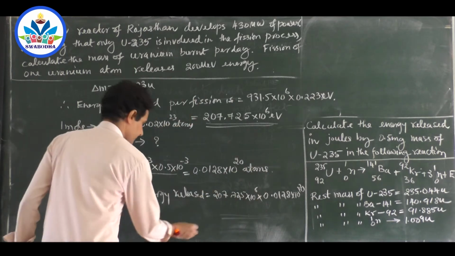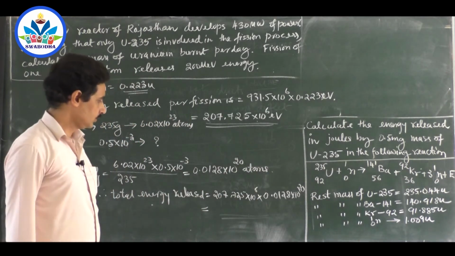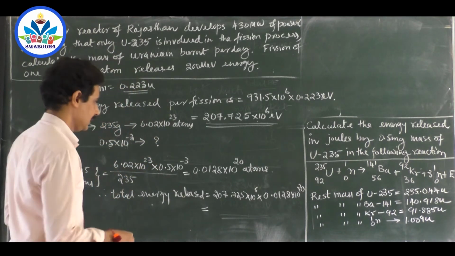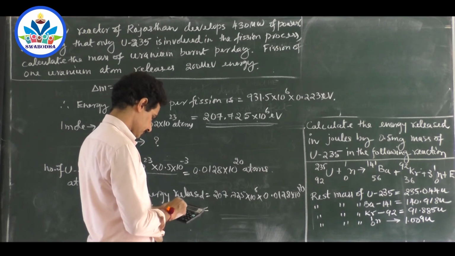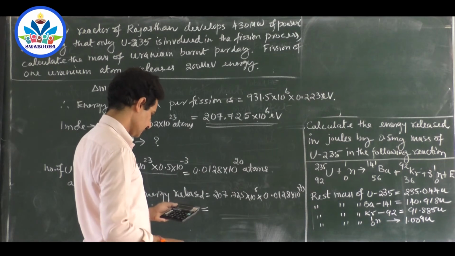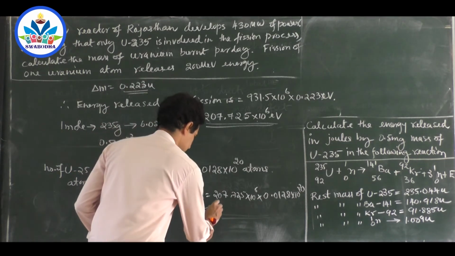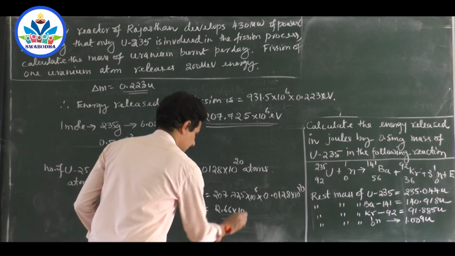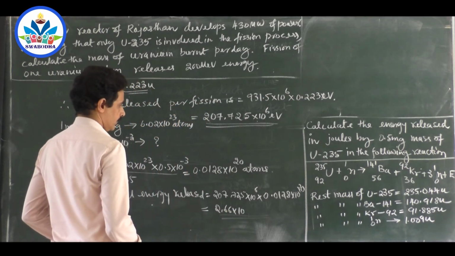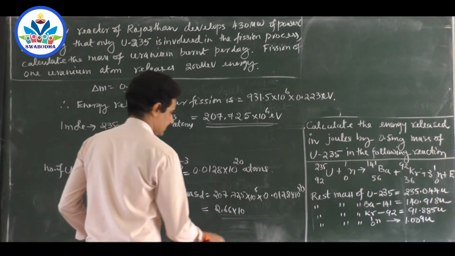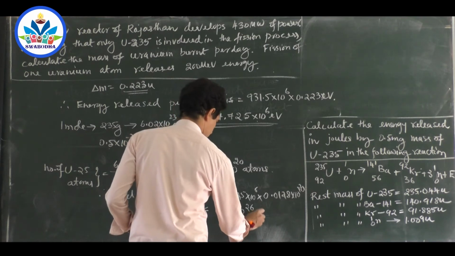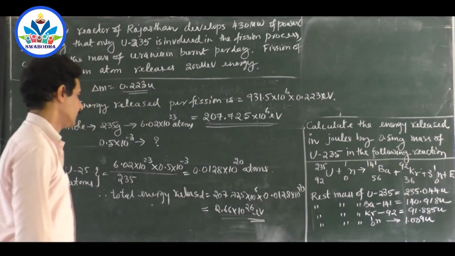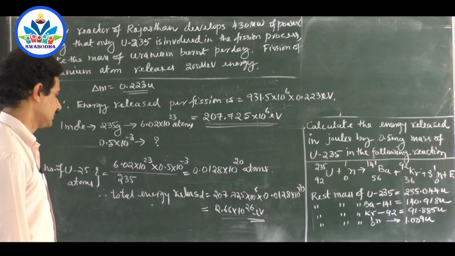So total energy released is 0.0128 into 10 to the power 20 into 207.725 into 10 to the power 6, which is equal to 2.66 into 10 to the power 26 electron volt of energy.